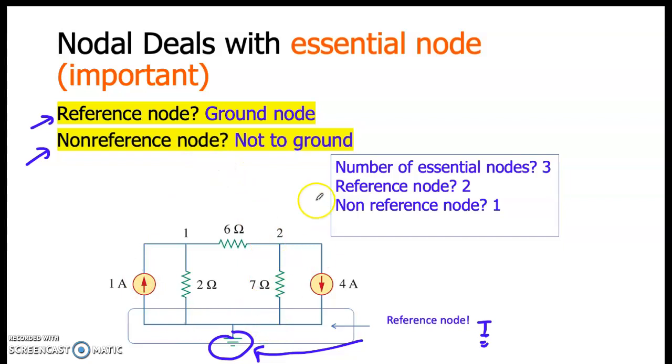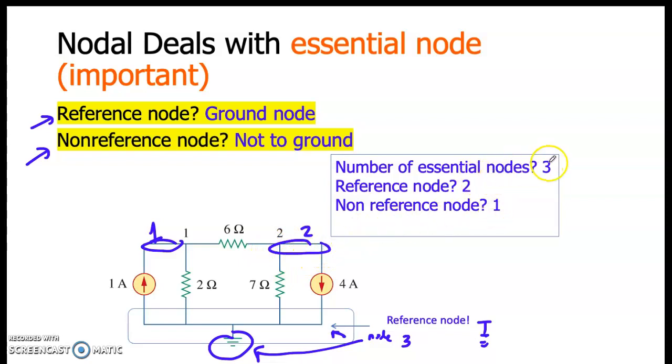So in this circuit, we have how many nodes? 1 node, 2 nodes, and the below one is node 3. The one that is a reference node is node number 3, the below one here. How about the non-reference nodes? They are node number 1 and number 2.